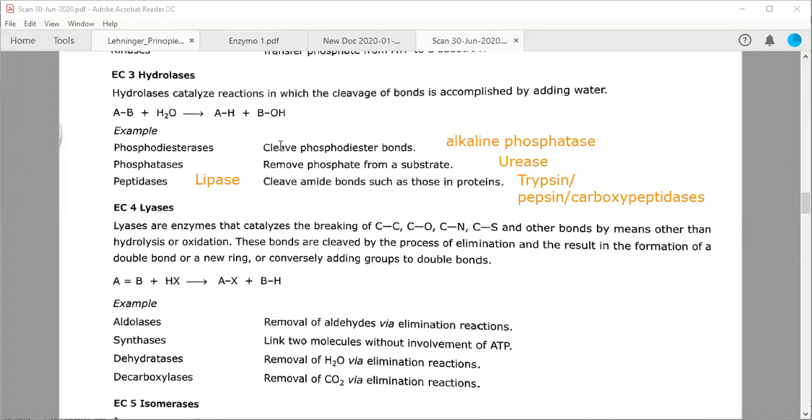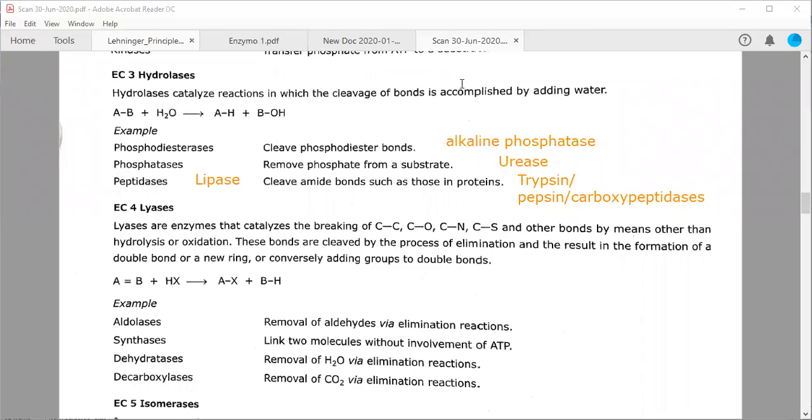Then, if you remember, lysozyme, and some of the glycosidases are also coming under the same class, because they are also adding water to break the glycosidic bond between the two sugars.